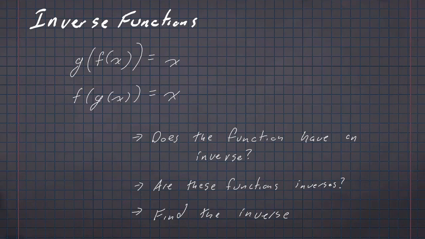Then, once we can be comfortable deciding whether our function has an inverse or not, we can ask questions like, are these two functions that I know actually inverses of each other, or was it somehow fooling us? And then finally, just given an arbitrary function, are we able to find its inverse?